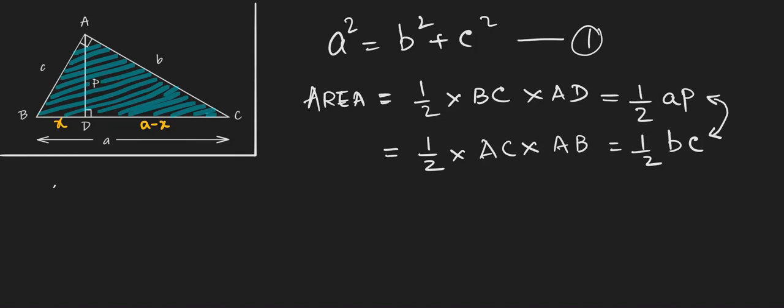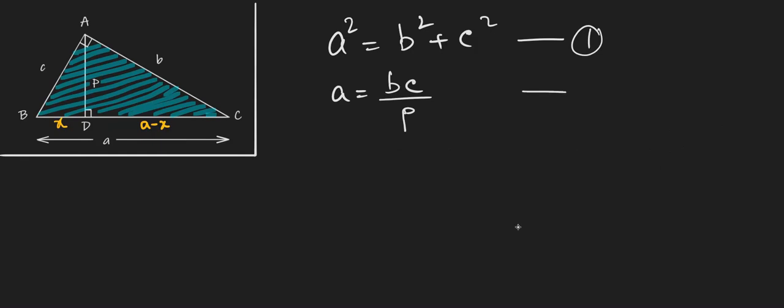So AP is equal to BC, which implies A is equal to BC divided by P. Let this be equation 2.